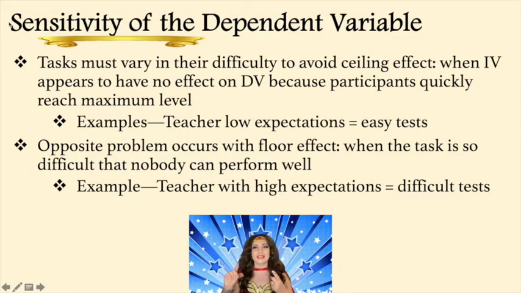So basically, the ceiling effect and the floor effect will yield in the decision to fail to reject your hypothesis, right? The groups will not have a difference when in fact I'm trying to prove that the differences exist.